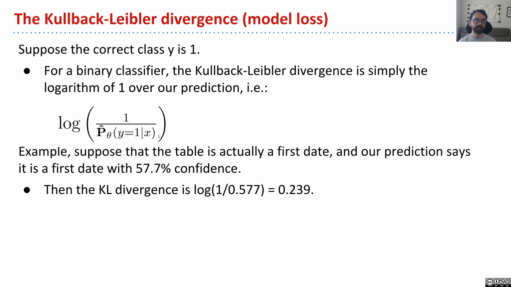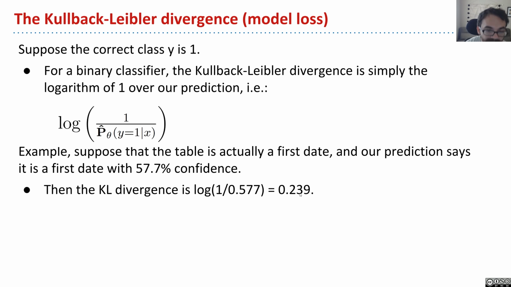So for example, if our table is actually a first state, that is, the correct class is 1, and our model says that it's a first state with 57.7% confidence, then the KL divergence is log of 1 over 0.577. That would give us a value of 0.239, and we could think of this as the loss.